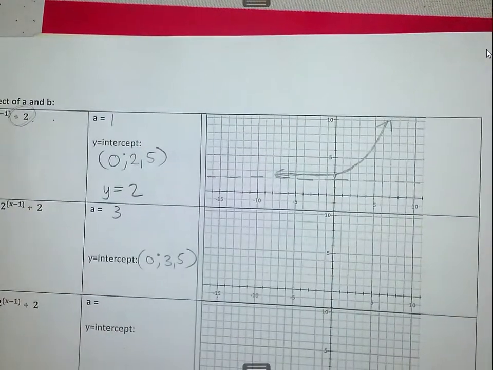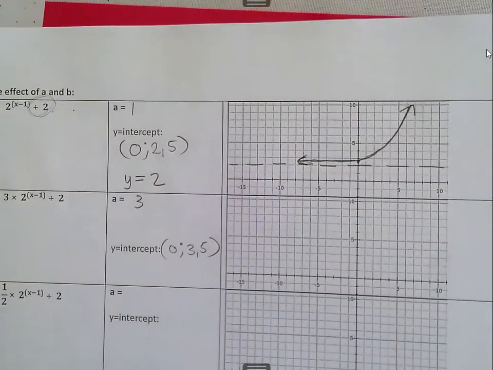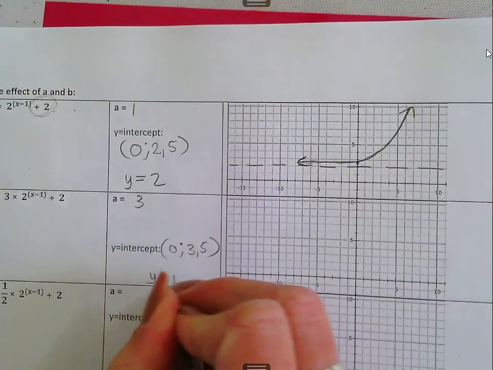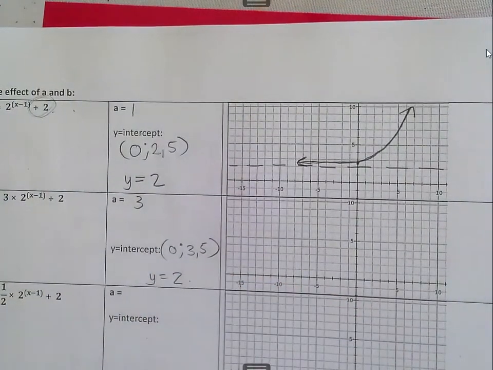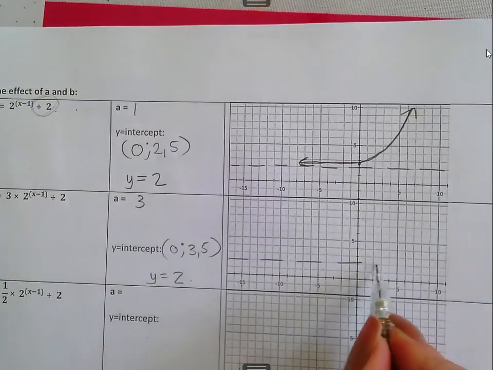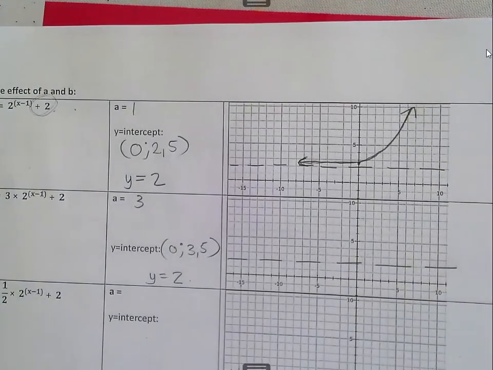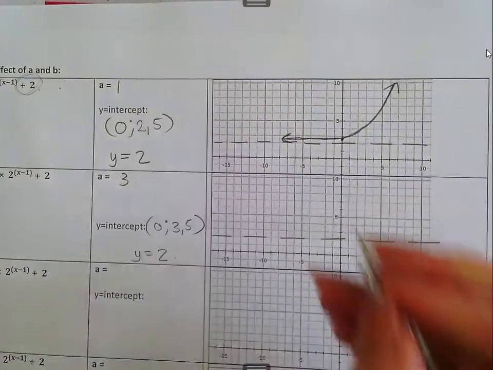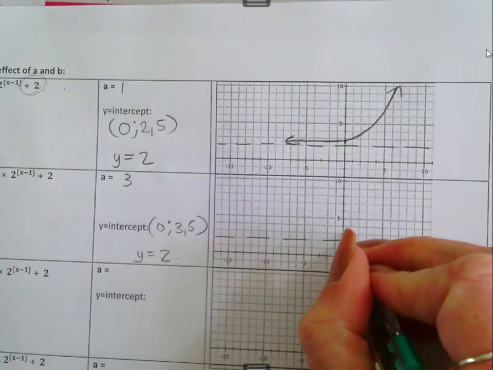What is the asymptote? Thank you. Don't ever say just 2, say y equals 2. So I draw in my asymptote. My intercept will be at 3.5.